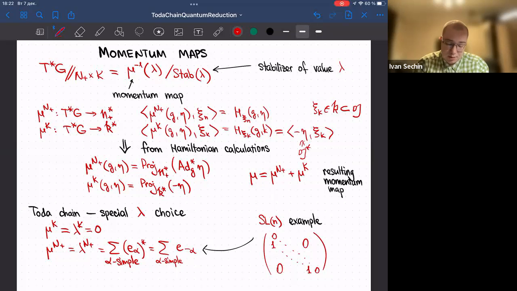But here, our momentum map should map to the dual to the subalgebra. And we should use projection here, because all parts in our eta not in K star do not impact this pairing.